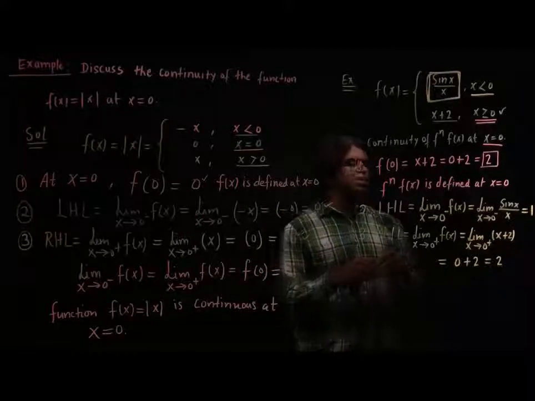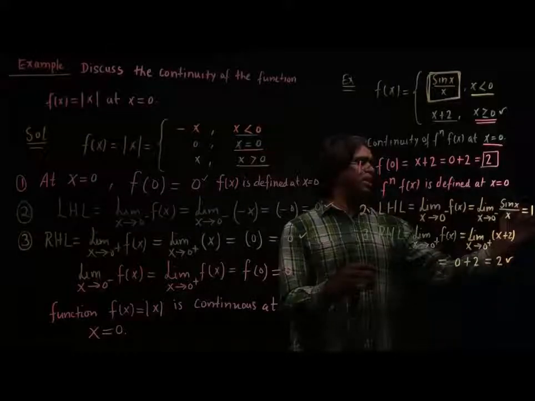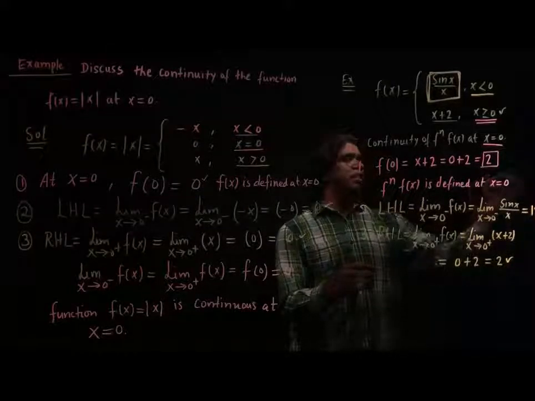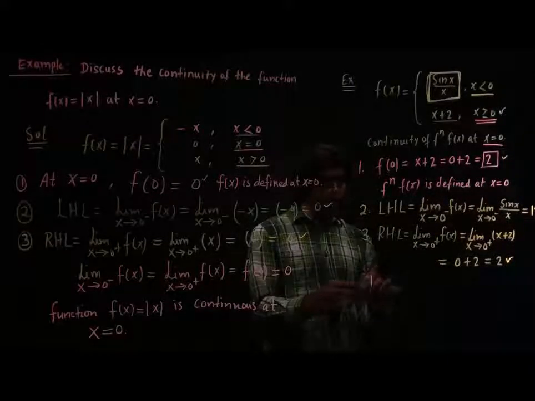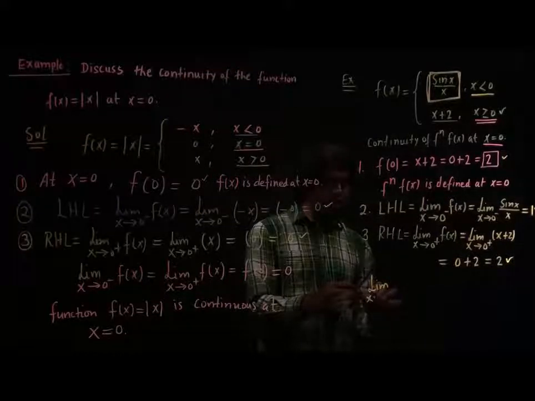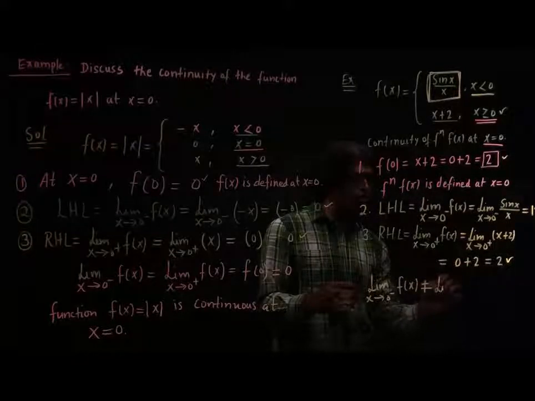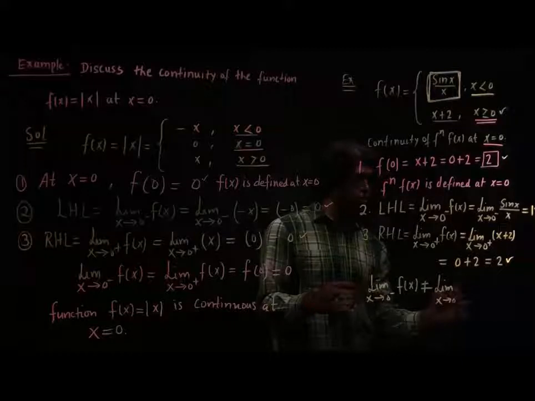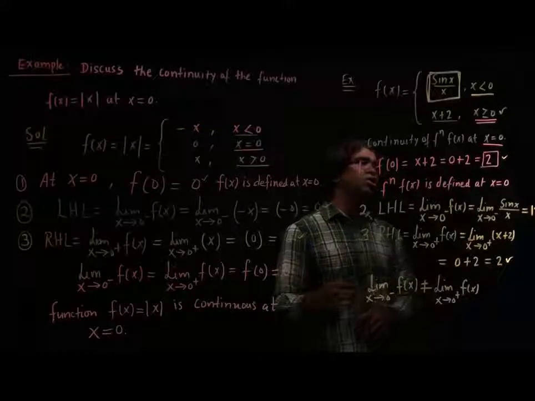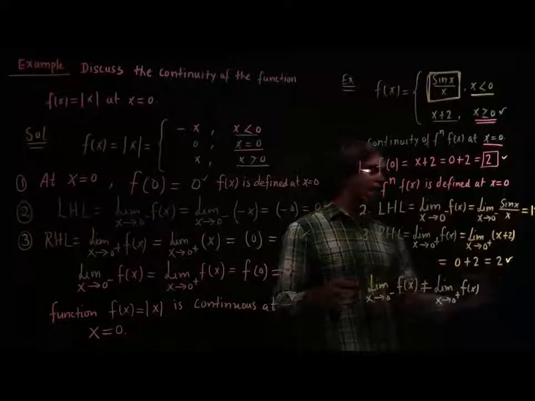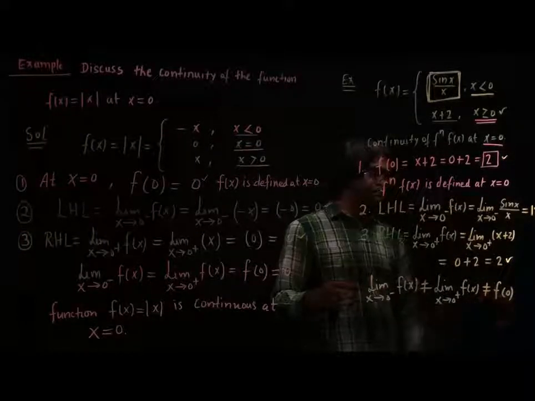Now let's look at what we have. As you can see, my right hand limit of the function is 2, my left hand limit of the function is 1, and the value of the function is 2. So the left hand limit, limit x tends to 0 minus f(x), is not equal to limit x tends to 0 plus f(x), which is the right hand limit. And that is also not equal to the value of the function at point x equals 0.